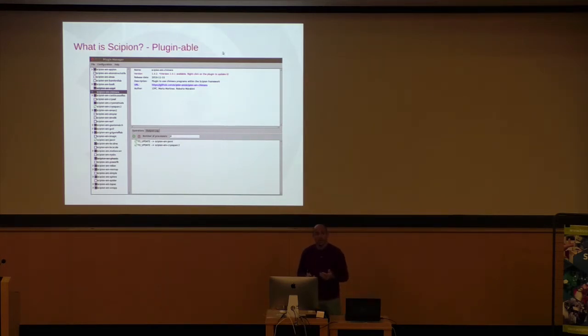That's very convenient when we release software and it has bugs. We can easily fix it and release it, and you don't need to install Scipion again. This was something you had to do in the past. Scipion was shipped completely together, and any bug had to be fixed by installing the new Scipion again. Now we can bring bug fixes or new functionality, or even a new plugin can appear there.